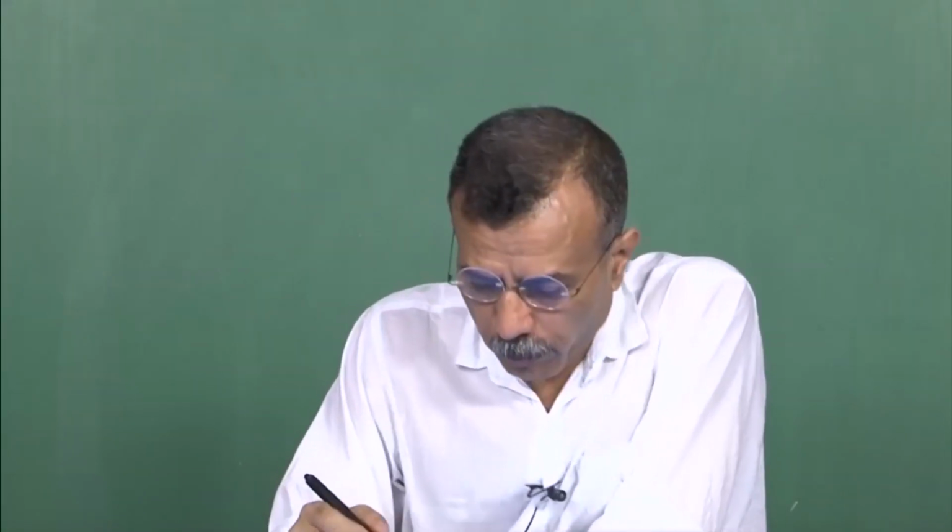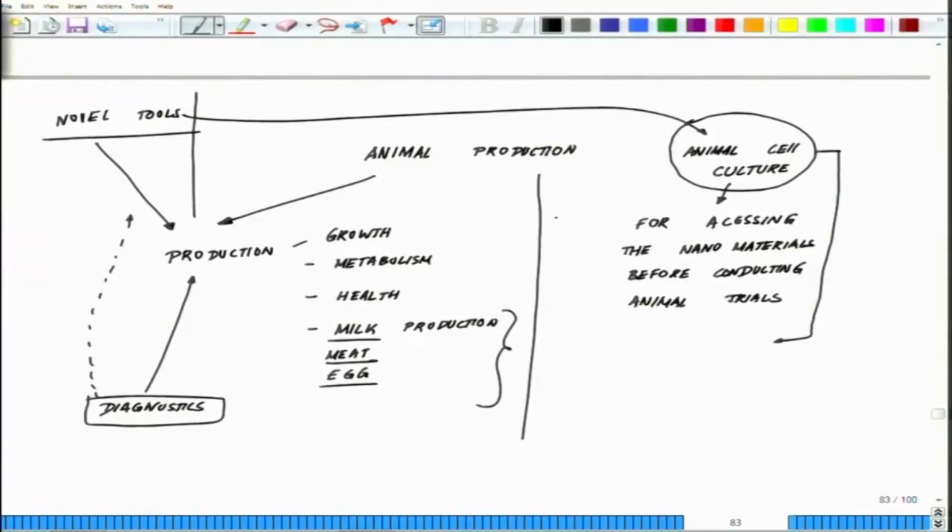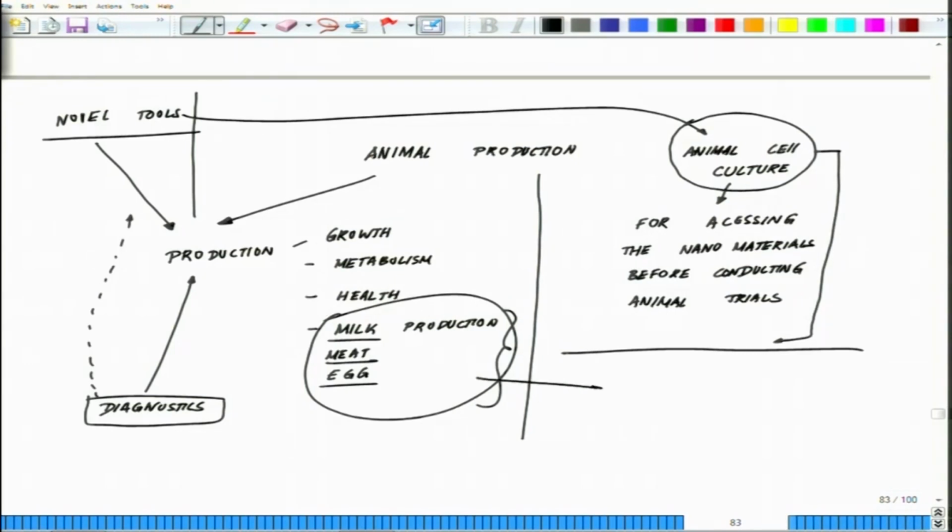So the part 2 of this story is the products which we are deriving from animals. Preservation. And this is one area. The other one is, of course, when you talk about animal health, sperm.